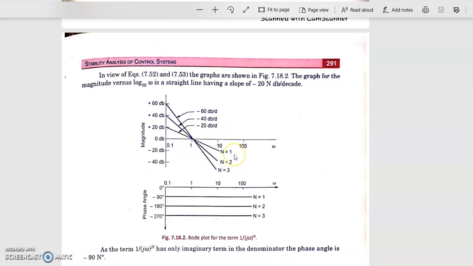Capital N equal to 1 is the type 1 system, so minus 20. Type 2 system, so minus 40. Type 3 system, so minus 60. Now comes the phase angle. The reference is 0 degrees for the constant term. If capital N is equal to 0, it will be 0 degrees, a constant, or you can say a line parallel to the 0 dB axis.